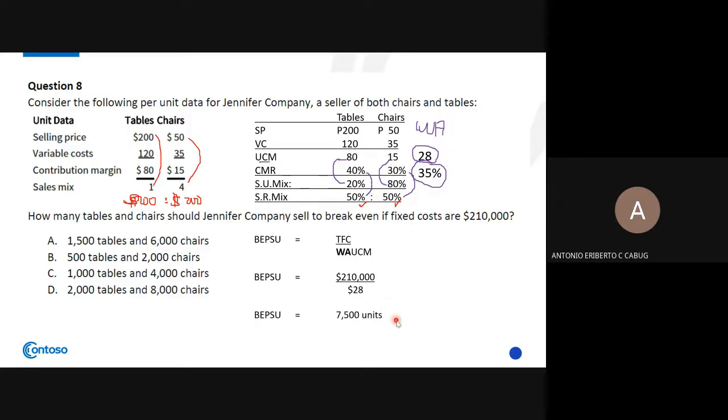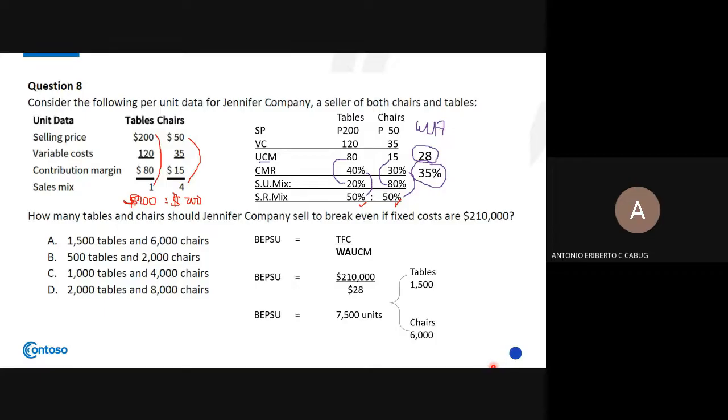That would give you 7,500 units. Accordingly, in our unit mix, 1:4, 20% is to 80%. In other words, 20% of 7,500 is tables, 1,500. 80% is chairs, 6,000.